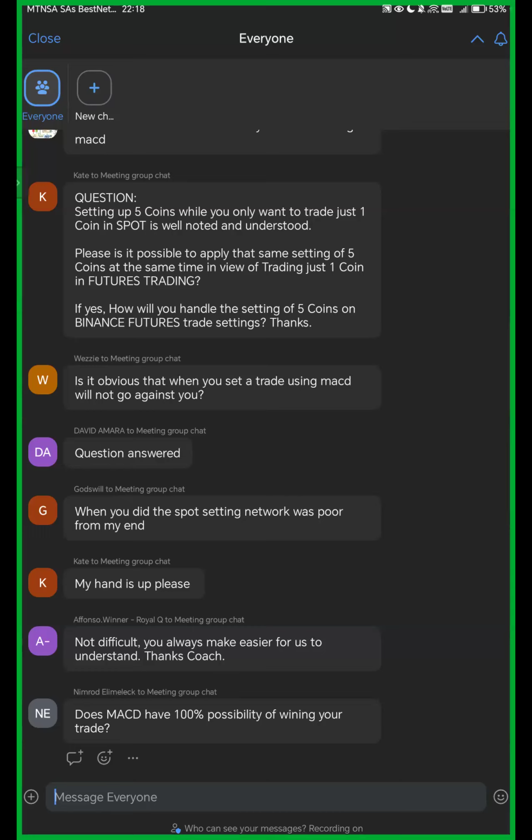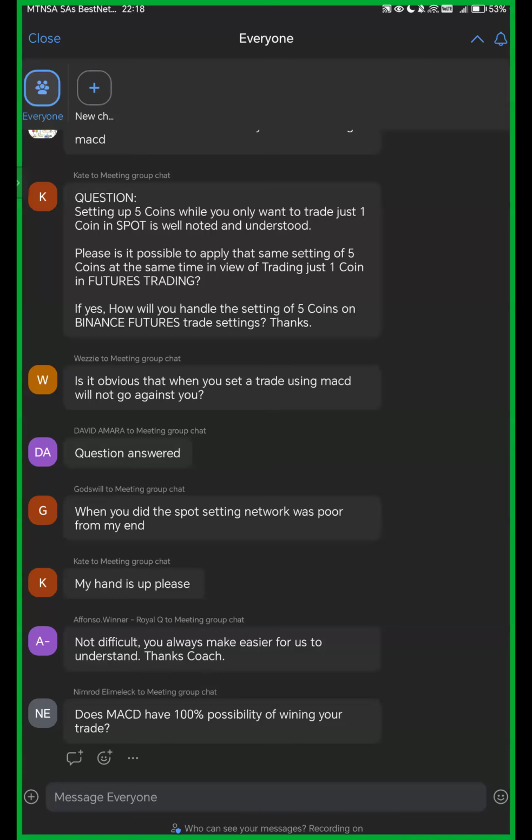If you just enter the market blindly, you end up entering the market when the price has gone high up. Let's say you are trading in futures. Price has gone up and you are making a long.